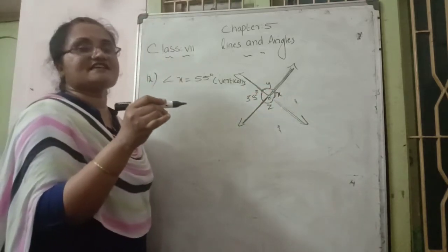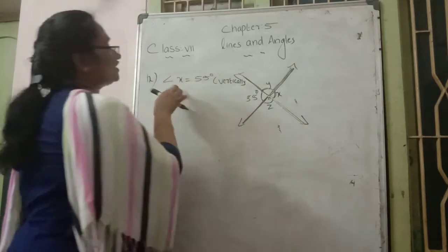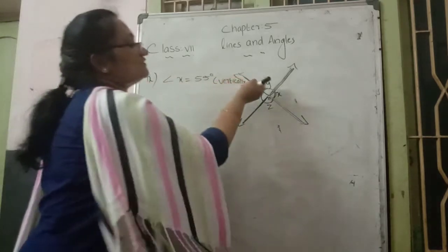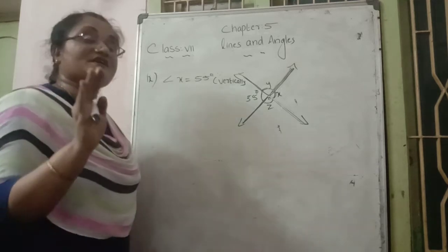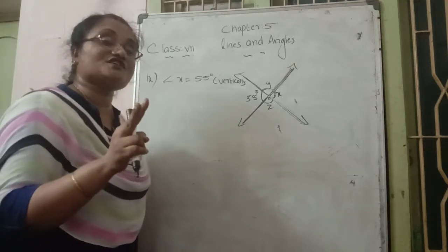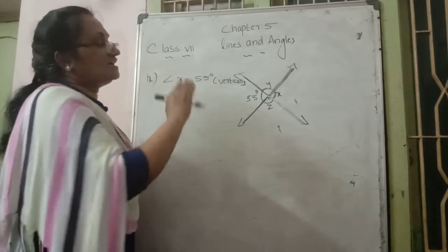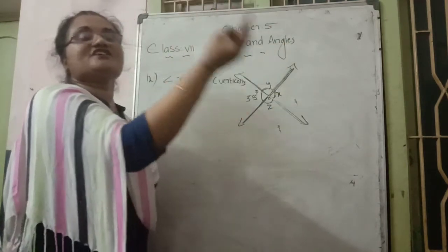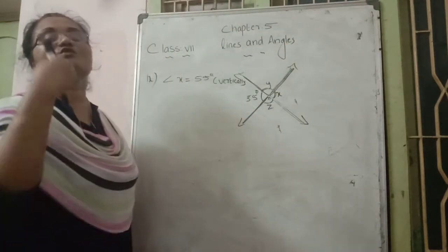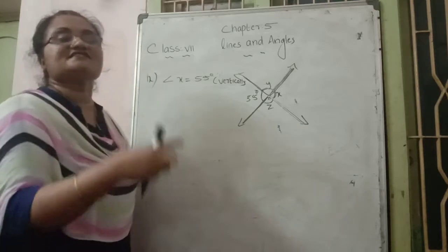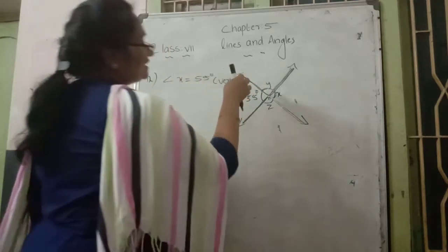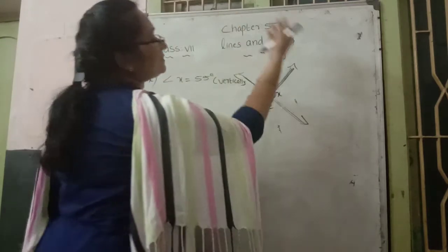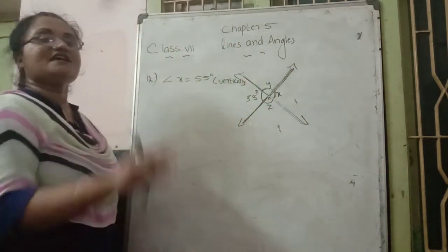Which are they? Y and x. The x value we now got is how much? 55. That's why the y value becomes how much? In a linear pair, the sum of the angles is how many degrees? 180 degrees. Send the x value to the right side: 180 minus 55, subtracting, how much does it come to? That answer represents our y value. Or otherwise, downwards they also make a linear pair, and the top part also makes a linear pair.